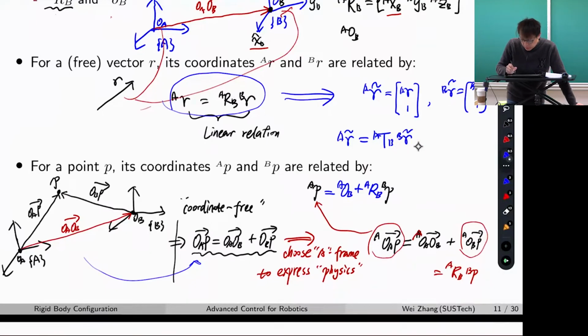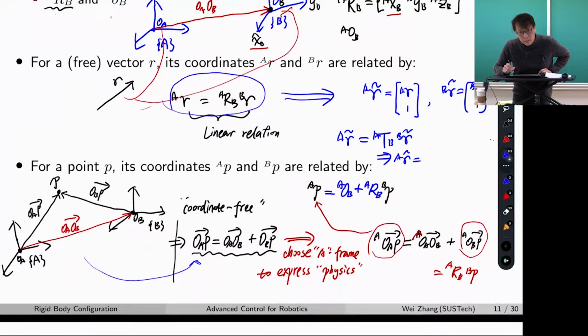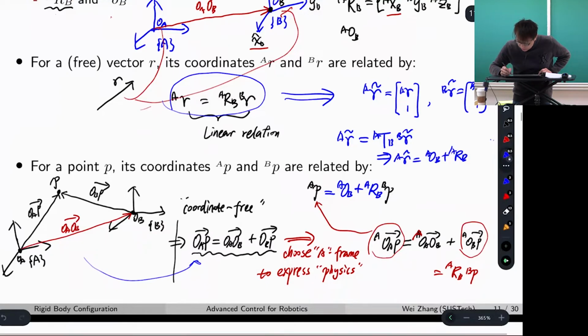Because if you multiply the first row out, R_A would be O_BA plus R_BA times R_B, and you have an extra one term.